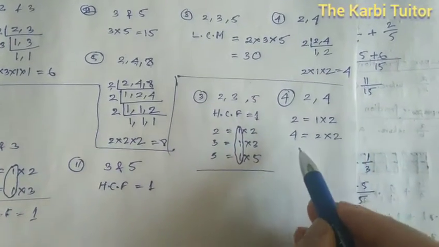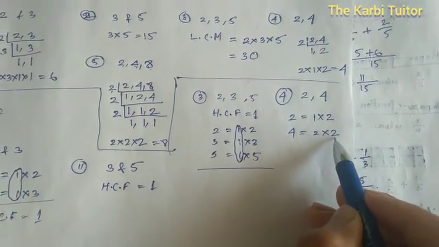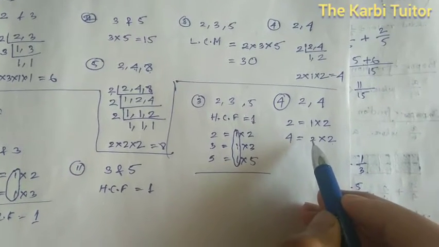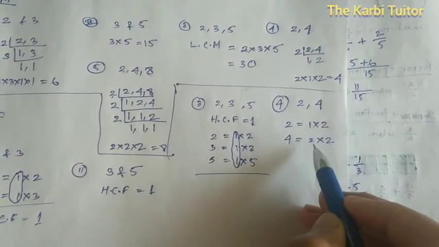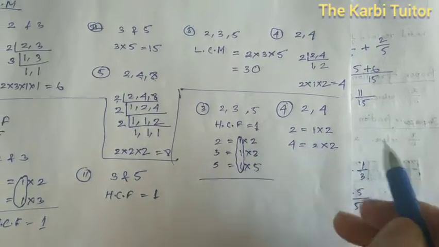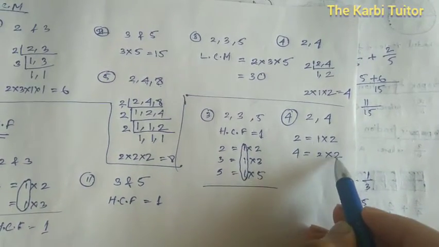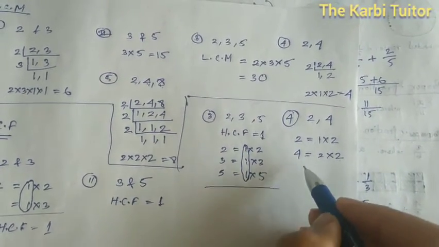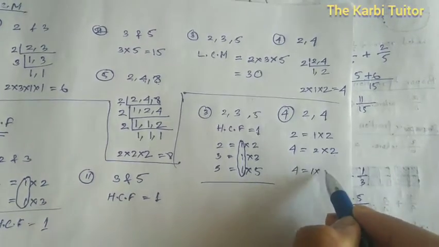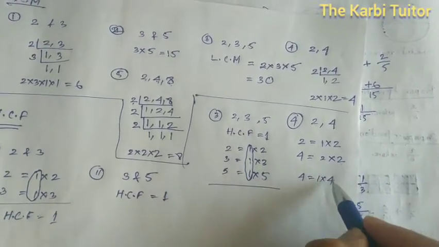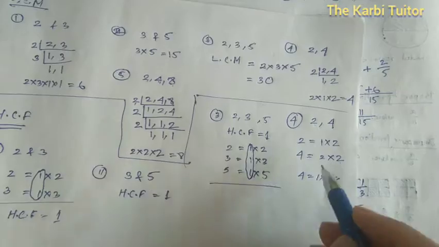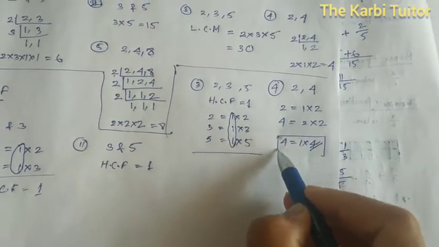Here we cannot write 1 into 4, because in HCF you have to factorize into primes. That means the factors should be prime, and if you write 4 equals 1 into 4, then 4 is not prime, so we cannot write this one.